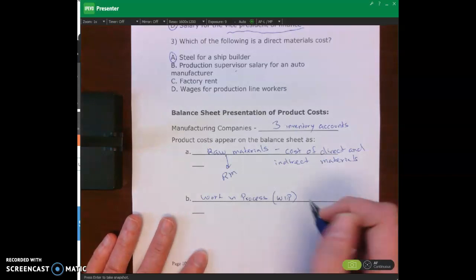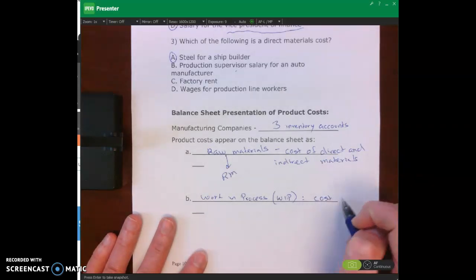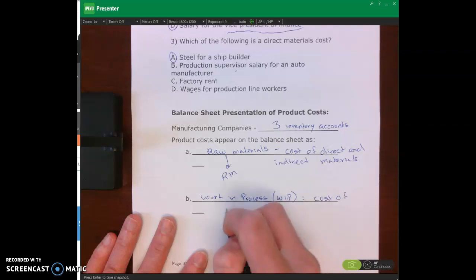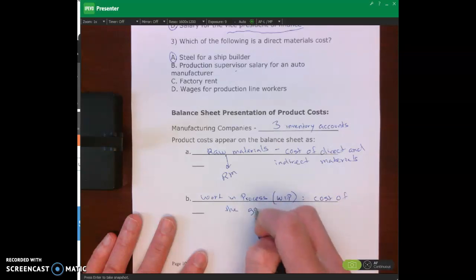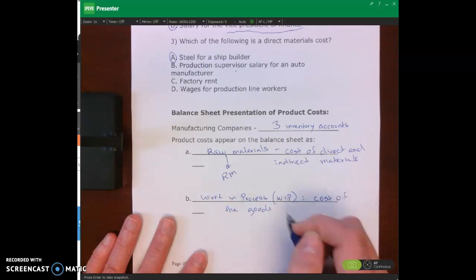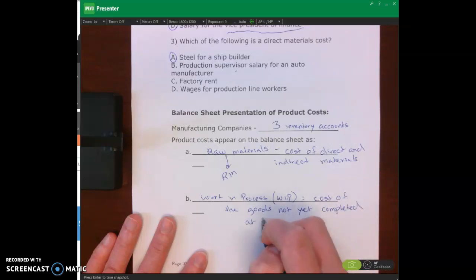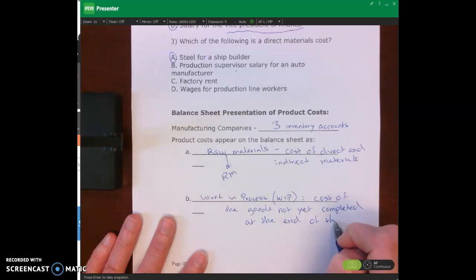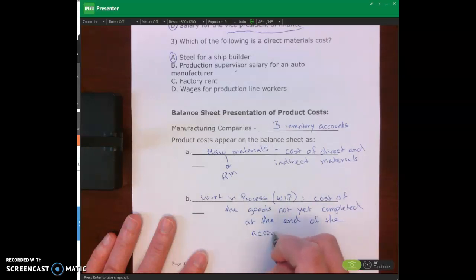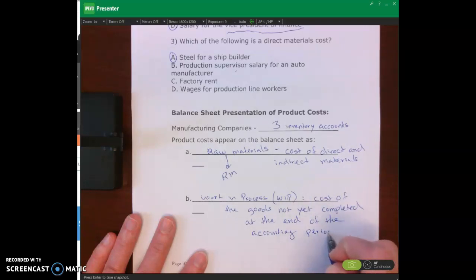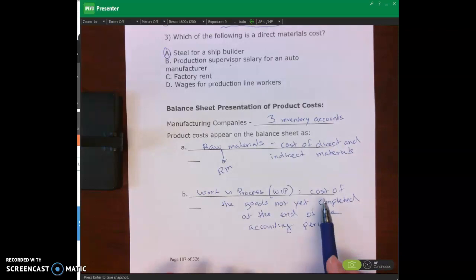Okay, WIP is the cost of the goods, our products, whatever we make, not yet completed at the end of the accounting period. And so it's important to understand what I mean by cost here.